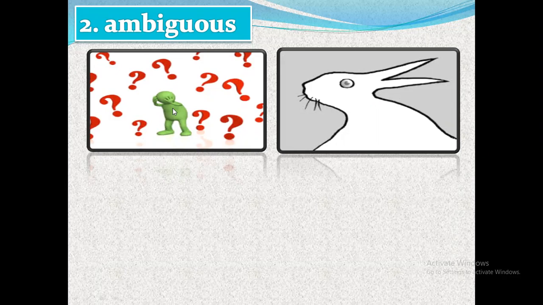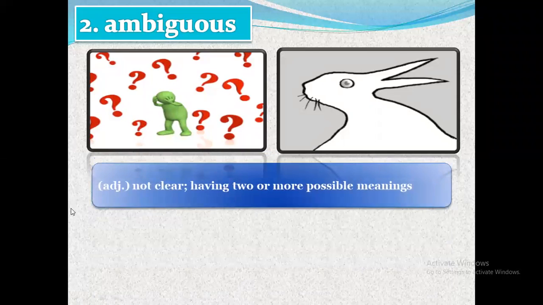When you ask something because what has been said or explained is not clear, this word is called ambiguous, and of course it will be an adjective. It means not clear, or having two or more possible meanings. Something that has two or more possible meanings.